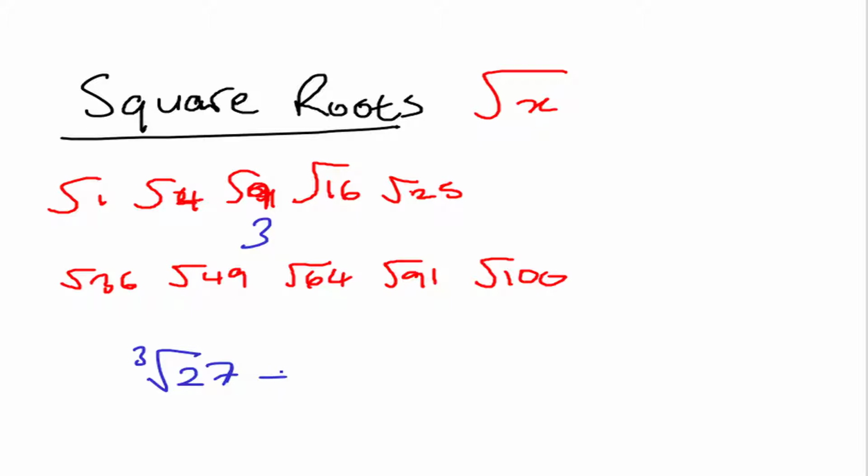You got 3 times 3 is 9, times 3 is 27. So the answer of cube root of 27 is 3. But let's go back to squared anyway for now.